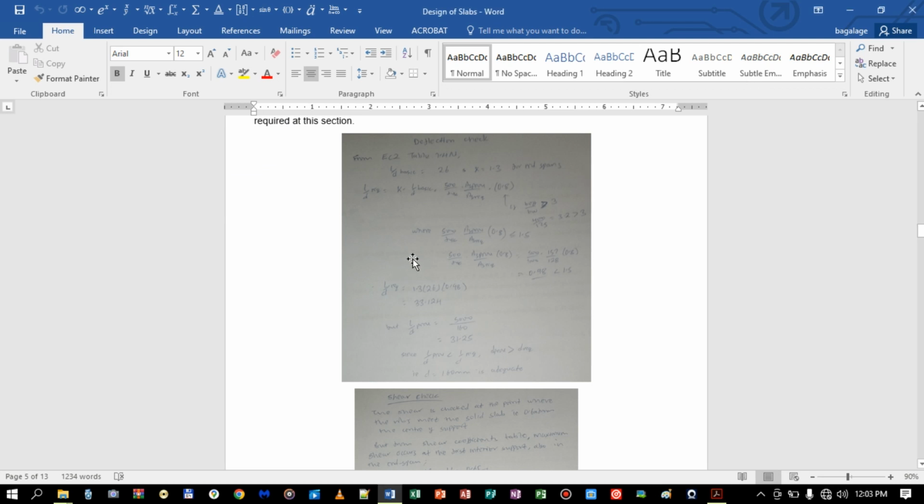So heading back to our calculations, our starting span to effective depth ratio will be 26, and then we multiply it with that factor 1.3, and then there are some other additional factors that have to be put into consideration.